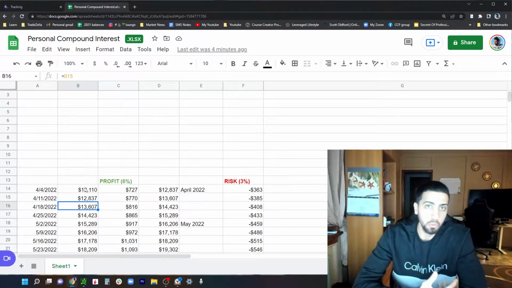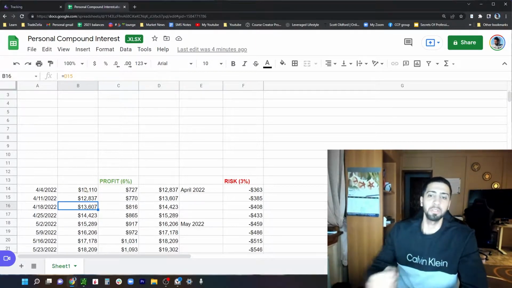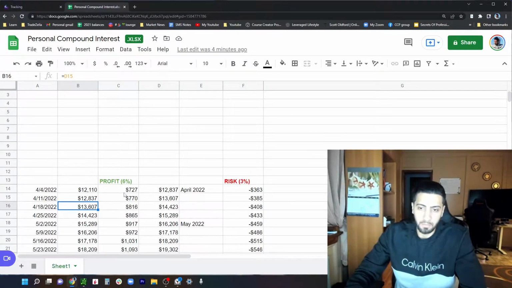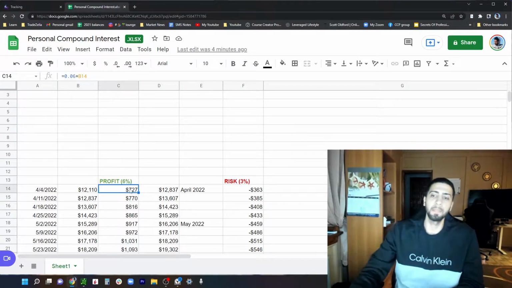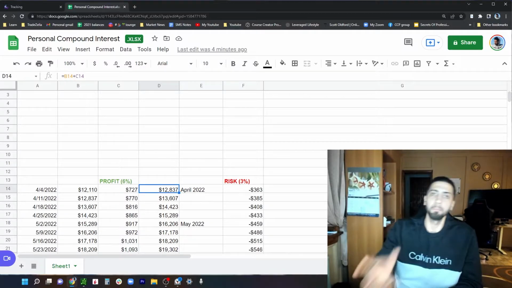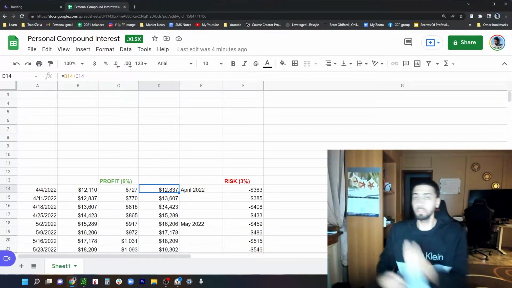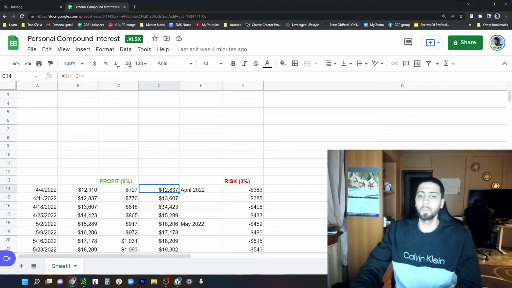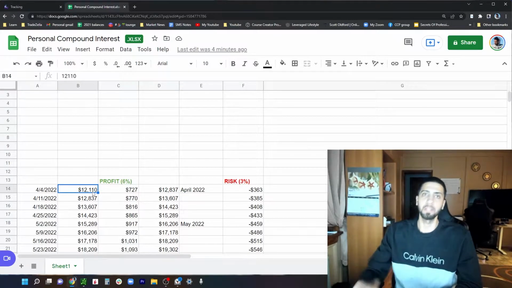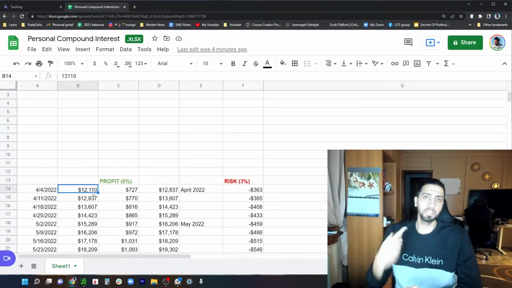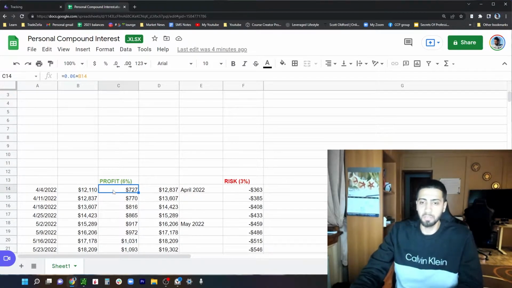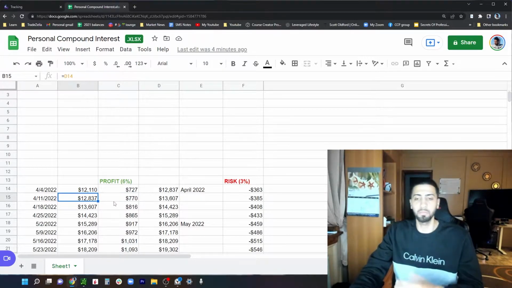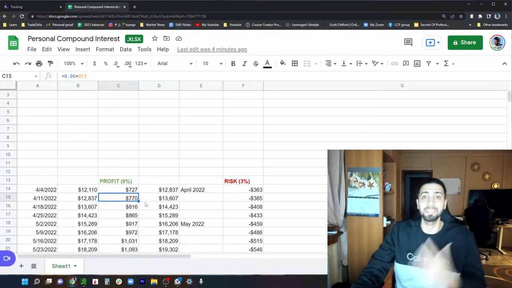Now, compound interest won't work if I withdraw money. So, for example, if I make $700 in this week, and now the account's at 12.8, but then I take out that 700 and withdraw it, my account's still at 12.1. And if next week I do 6%, I'm only going to make about 727. But if I don't withdraw, then 6% of the new balance is actually 770.